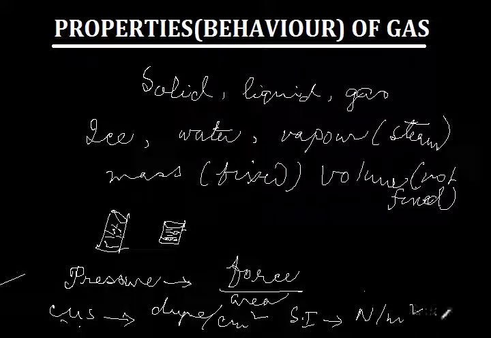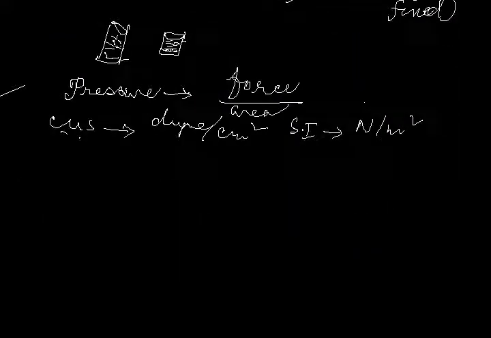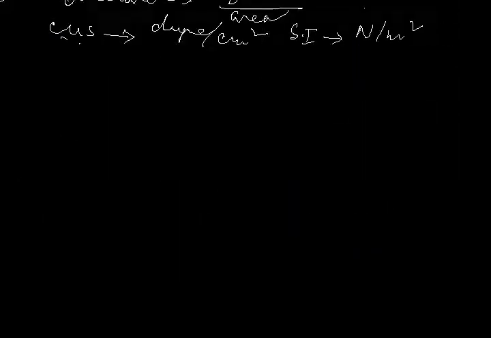And this Newton per meter square is also called Pascal. Now, 1 Pascal is equal to 1 Newton per meter square. When 1 Newton force is applied on 1 meter square area perpendicularly, then it is called 1 Pascal pressure exerted by the gas.